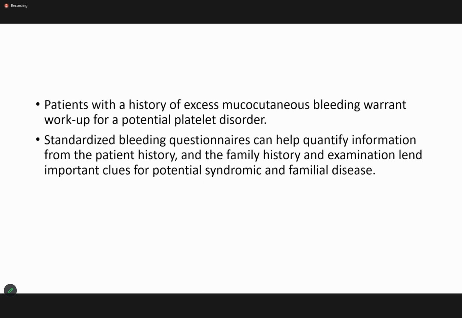There are standardized bleeding questionnaires that help to quantify information from the patient history and family history, as well as examination, that lends important clues for potential syndromic and familial disease.